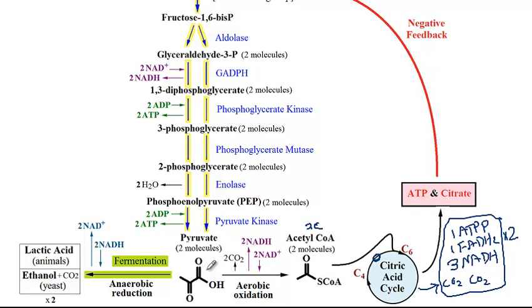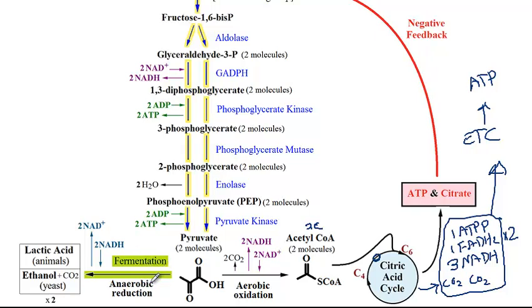So if we had the oxygen available in aerobic organisms, pyruvate can undergo aerobic respiration, produce more NADH and FADH2, and these products can then later on go through the electron transport chain to produce more ATP. But if there is not enough oxygen, then pyruvate has to undergo fermentation.